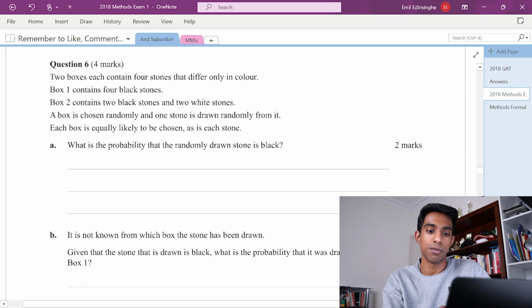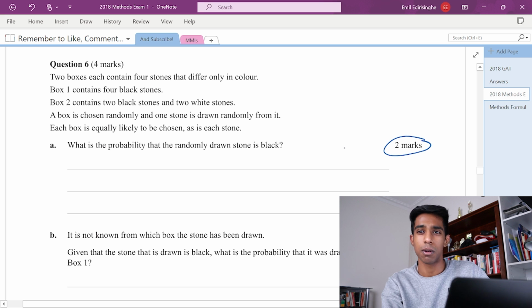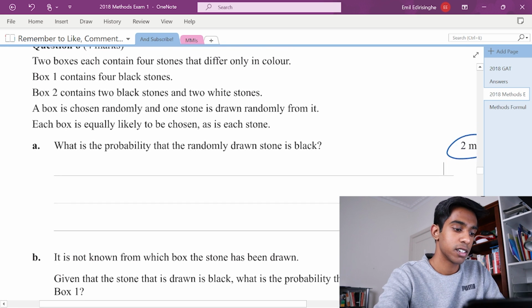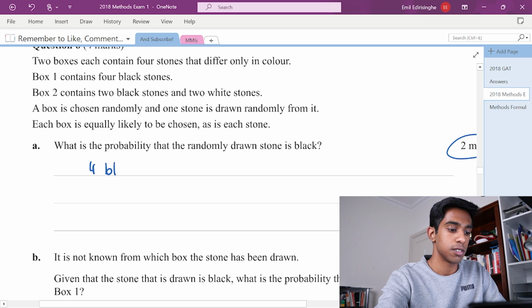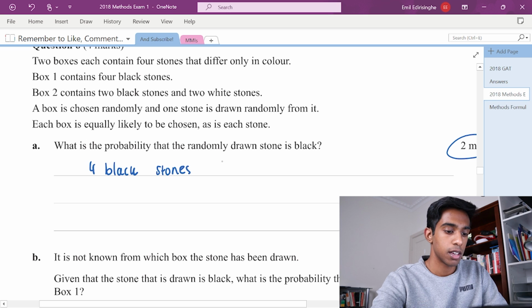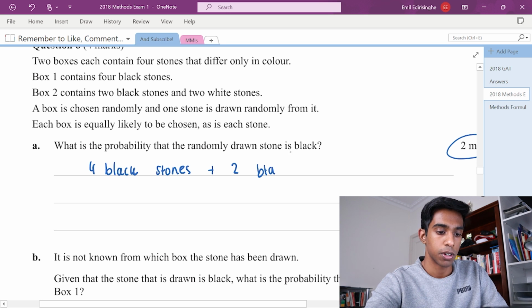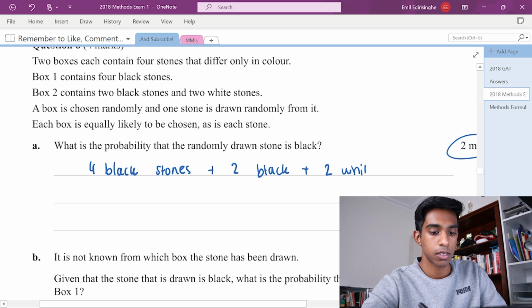So this one is a 2-mark question, even though I think it's probably a bit easy for a 2-mark question, but we know that there are 4 black stones plus 2 black stones in box 2, and then 2 white in box 2.